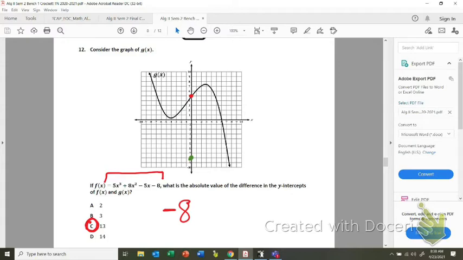If you went from negative 8 to 5, you would be going where? Up, so you're increasing. But if we chose to do 5 to negative 8, we'd be going down. So the absolute value means all the values are positive. So that's why.